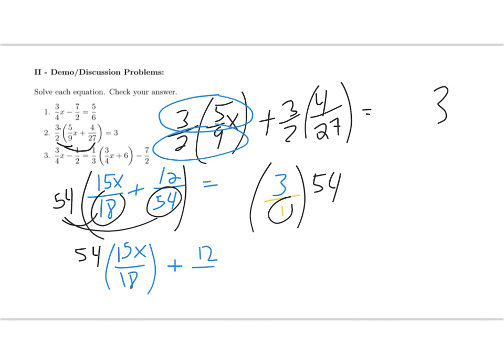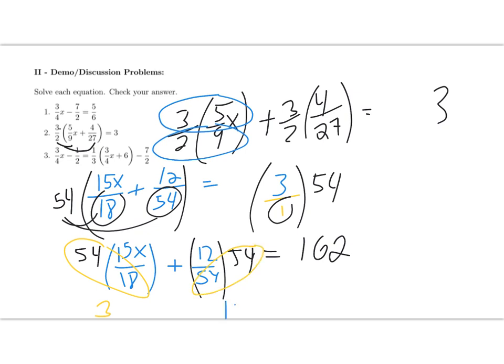So 54 is being multiplied by both terms on the left-hand side. And on the right-hand side we have 54 times 3, that's 162. So now we're ready. 54 divided by 18 is 3. 54 divided by 54 is 1.